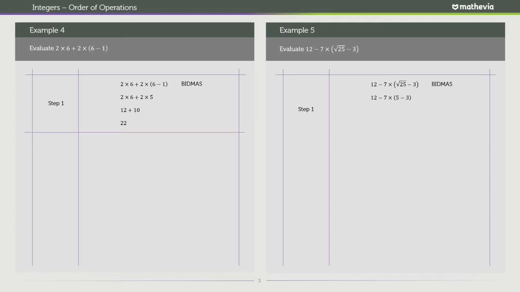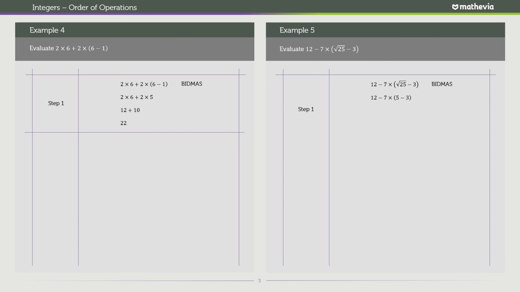Let's go over this again. First thing is we're going to work what's in the bracket. But in the bracket we also have 2 operations, subtraction and an index. BODMAS tells us that we need to do the index before the subtraction, so we find the square root of 25 before subtracting 3 to solve the bracket.